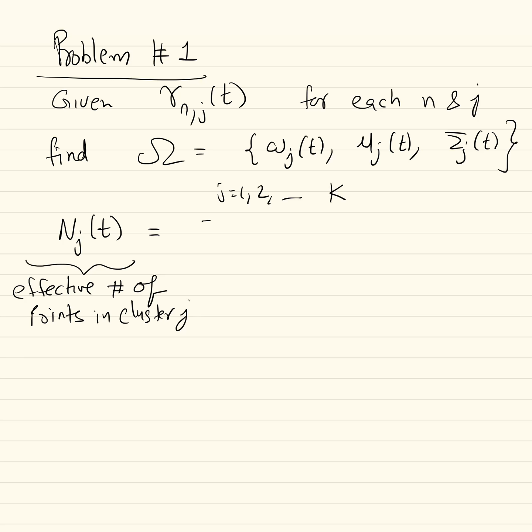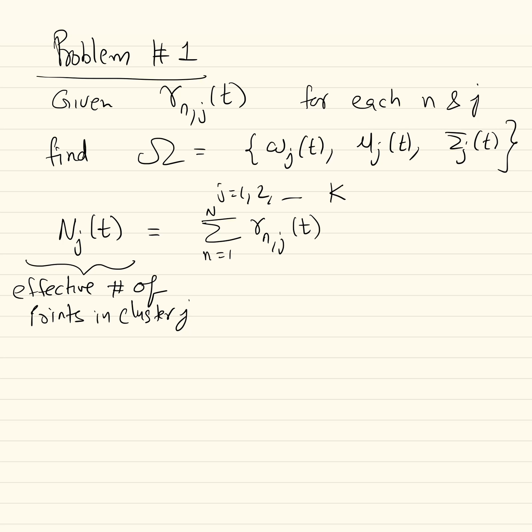This is just the summation of n going from 1 to capital N of gamma nj of t.